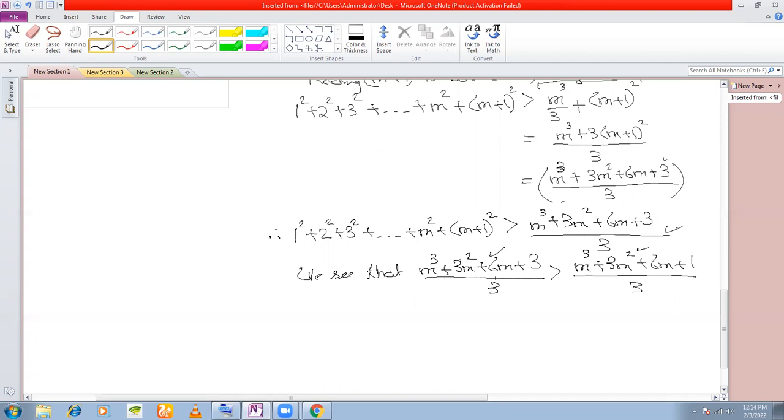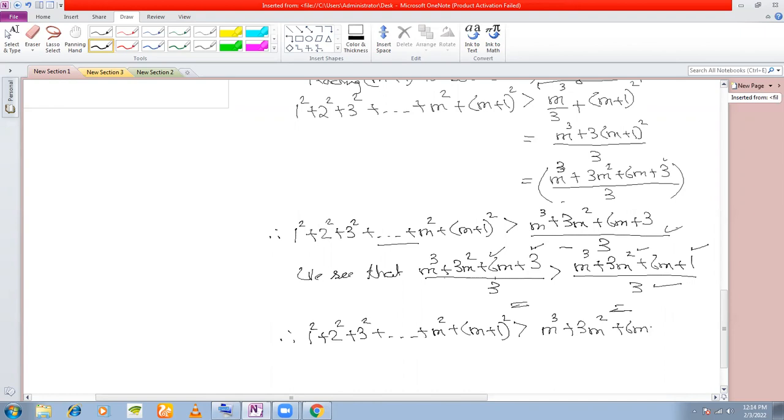Only because this 3 here is greater than this 1 here, isn't it? So if this quantity is greater than this and this one is greater than this, then what can we write? 1 square plus 2 square plus 3 square up to m square plus m plus 1 square must be greater than this one. Can we write this?